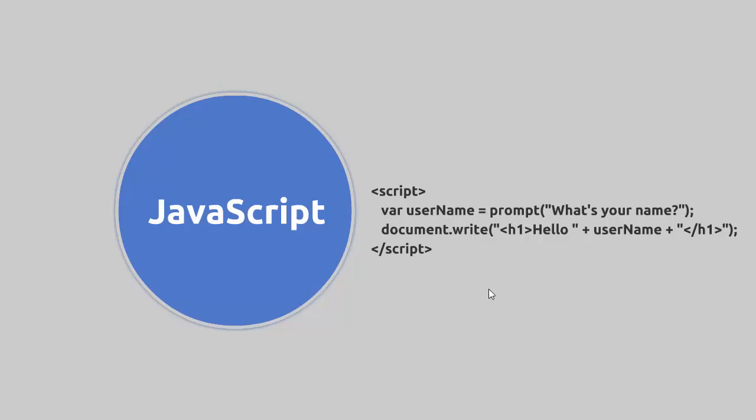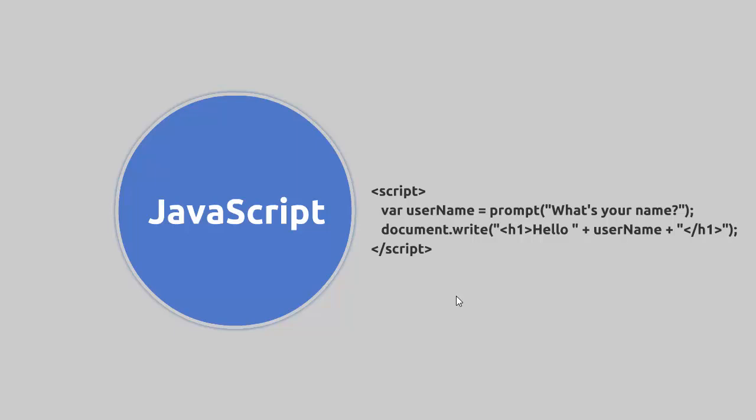JavaScript is a robust programming language that's really powerful for giving web pages the ability to do things, right? It adds behavior and interactivity and special effects. It transforms our web pages into web applications that users can use instead of just read or view.